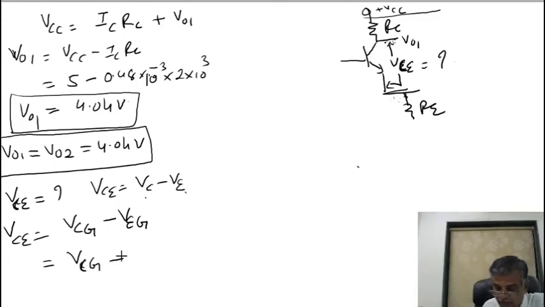with respect to ground. What is VE? You know this is kept at ground potential. You know this V1 is kept 0. Means this voltage with respect to this ammeter voltage with respect to this. Where is this connected? Base.